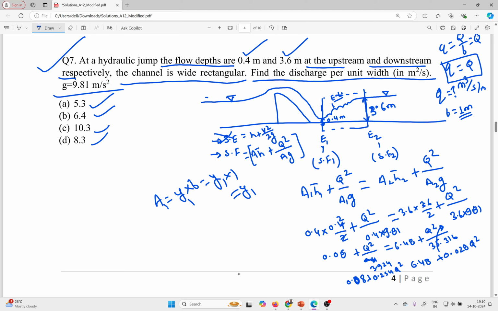So now 0.254 Q square minus 0.028 Q square is equal to 6.48 minus 0.08. How much? It will come 6.4.